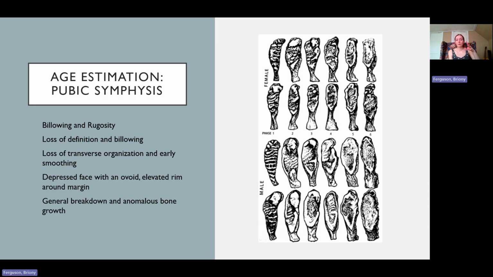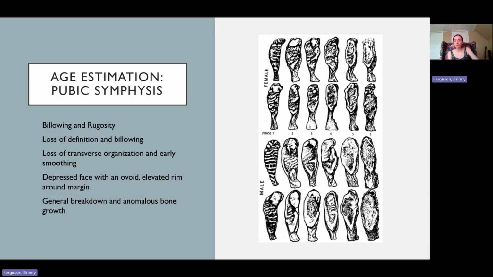And what we're really looking for is the condition of the pubic symphysis. So if it is a younger individual, that pubic symphysis is going to be very billowy. It's going to have a lot of texture, kind of like ripples going through it. It's also going to be a little bit rugged, so when you touch it, it's going to have a lot of texture.